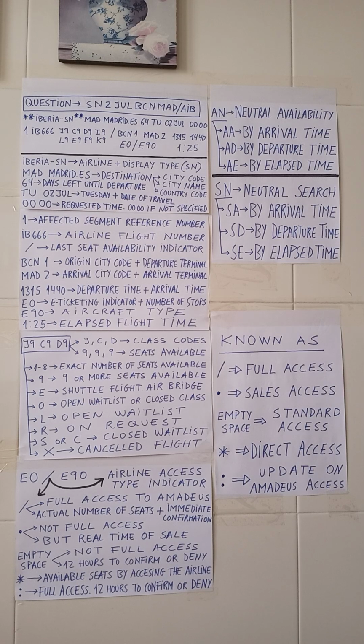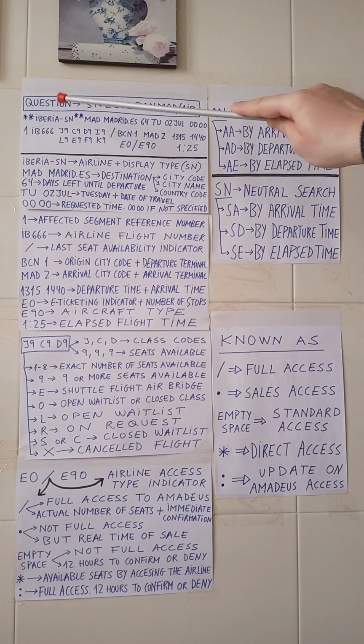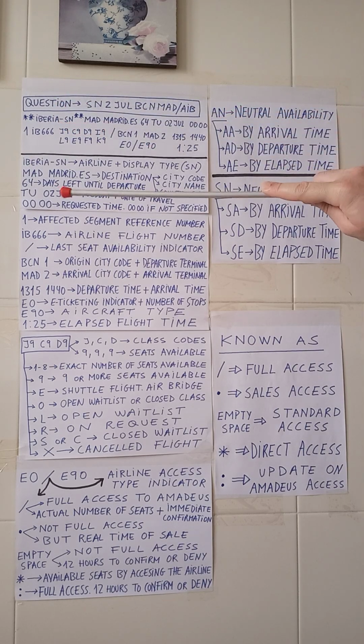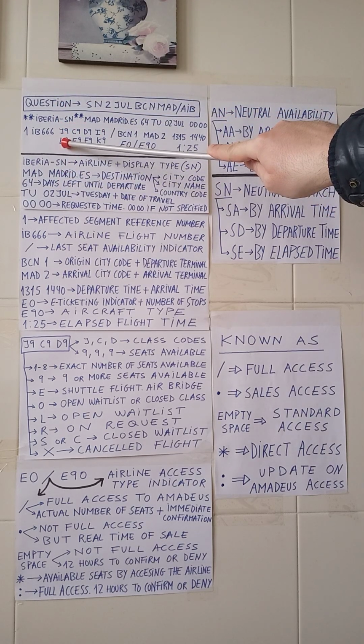The difference is that the first codes, J9, C9, and D9, usually belong to more expensive categories, and the last codes usually belong to cheaper categories. We can say that the price and the category are progressively decreasing from left to right.